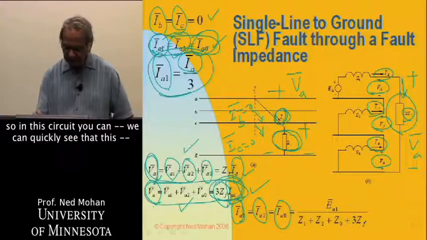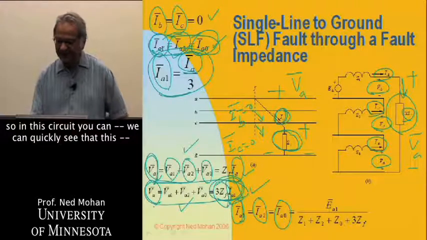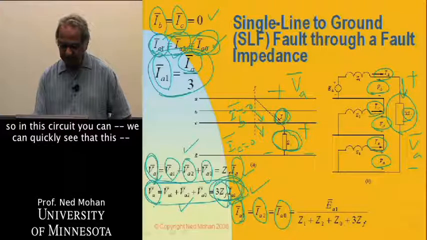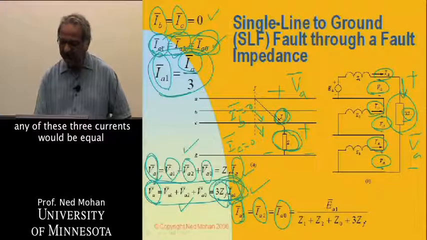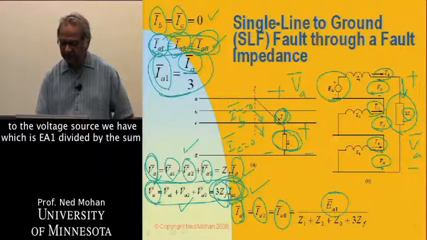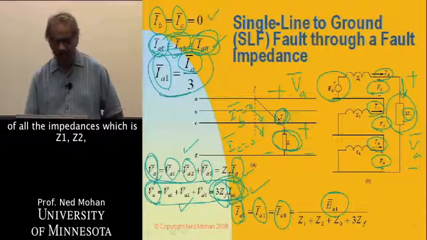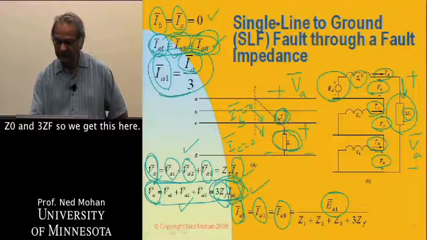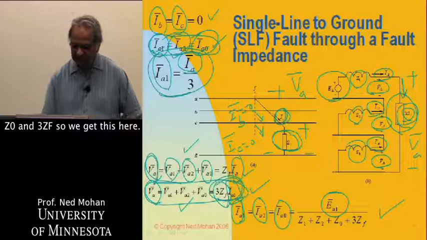So in this circuit, we can quickly see that any of these 3 currents would be equal to the voltage source we have, which is EA1, divided by the sum of all the impedances, which is Z1, Z2, Z0, and 3ZF. So we get this here.